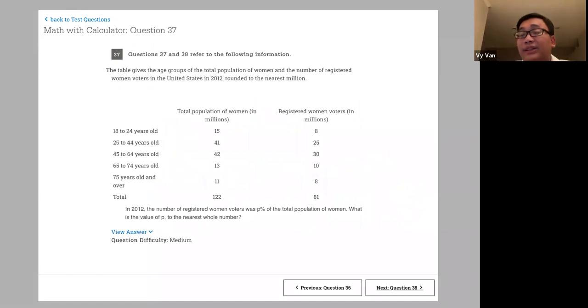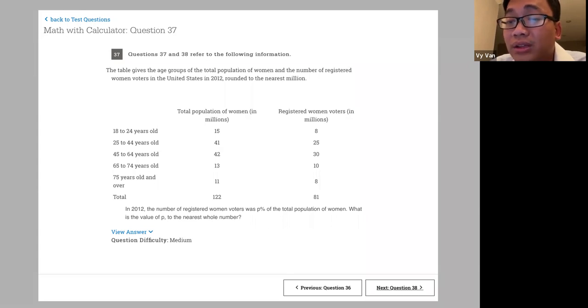Okay, so they give a table. This is the total population of women, and this is registered women voters in 2012, and that's the whole thing. The number of women voters was P% of the total women population. What is the value of P, to the nearest whole number?